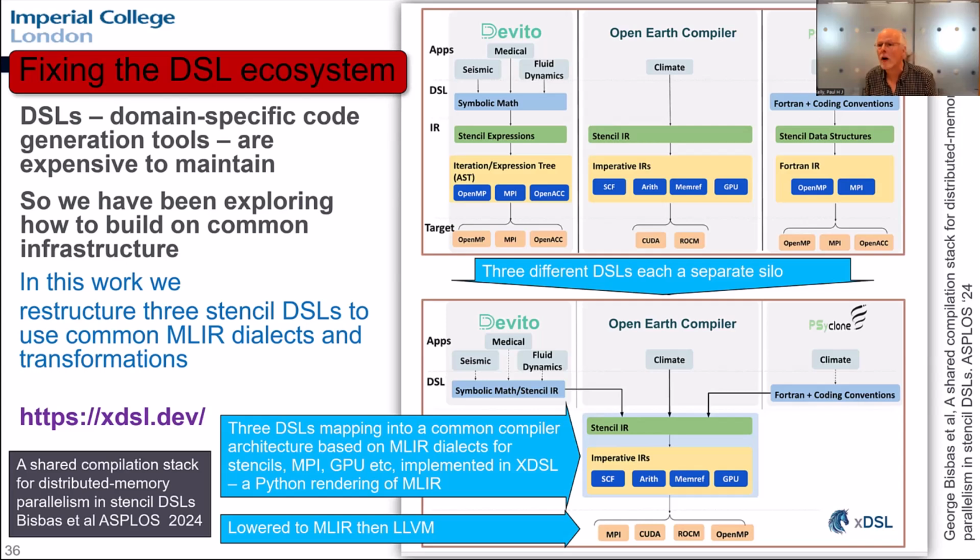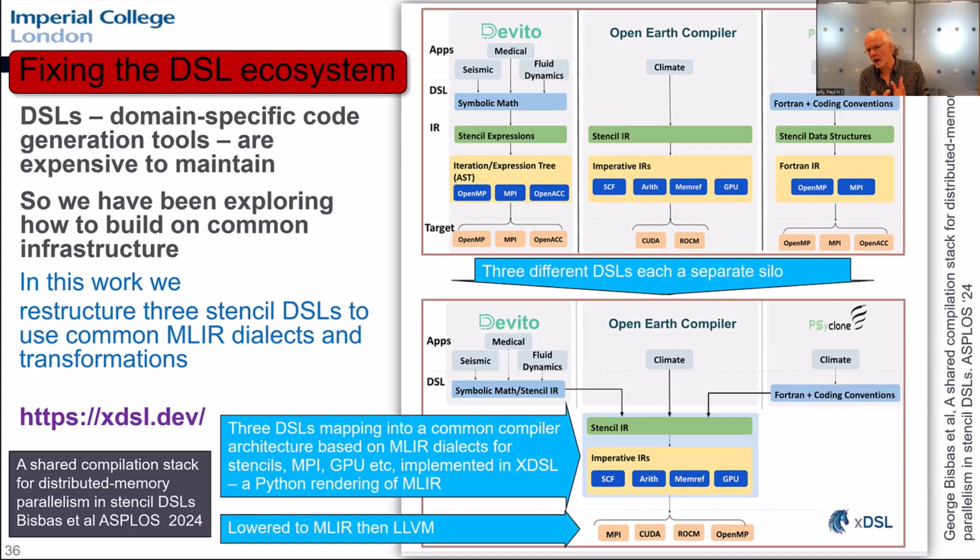And to make it scale, we have to get people to share common compiler infrastructure and use it to economize on the effort involved. We also want to start building bridges between DSLs for different numerical methods. An obvious one might be finite element and particles, for example.